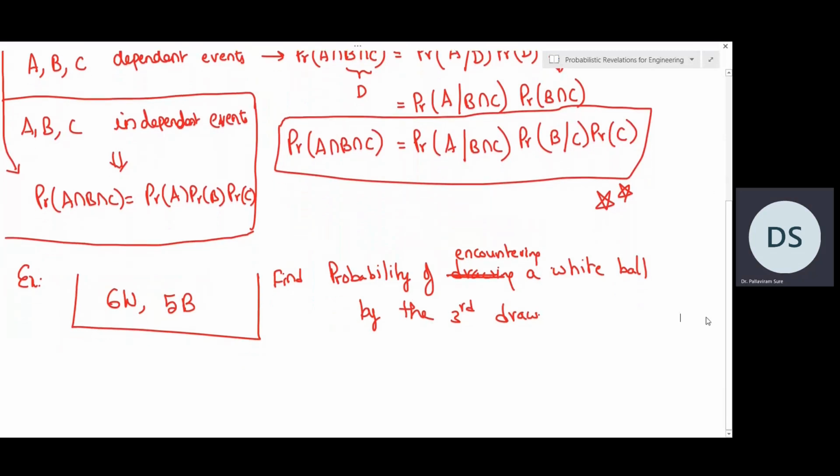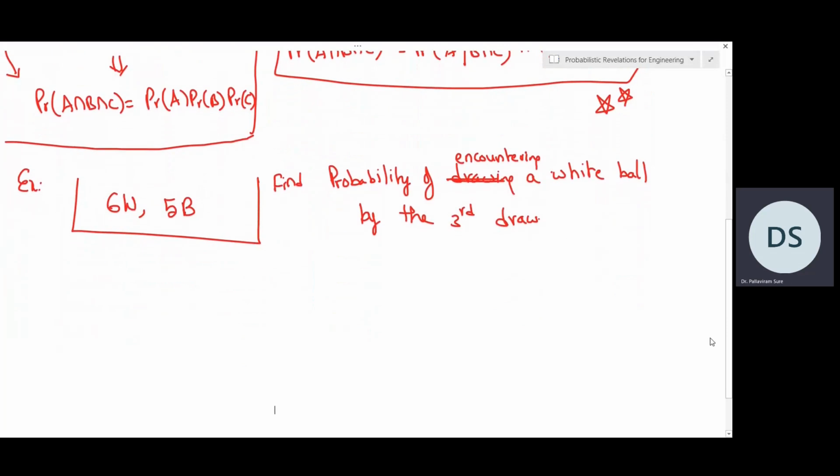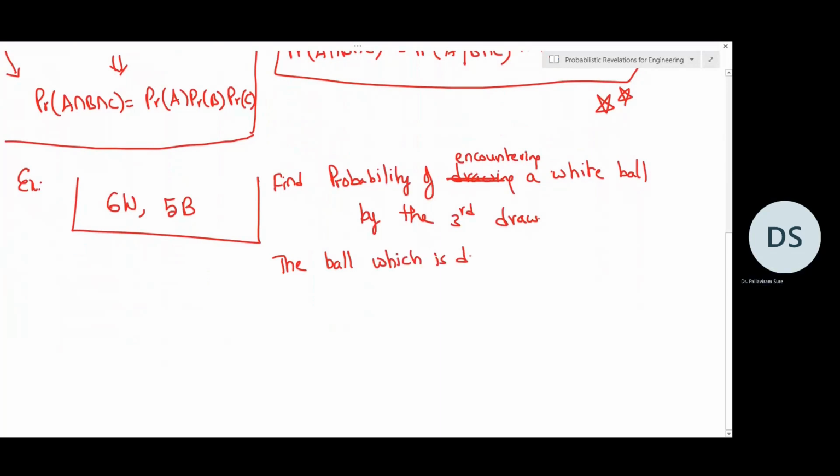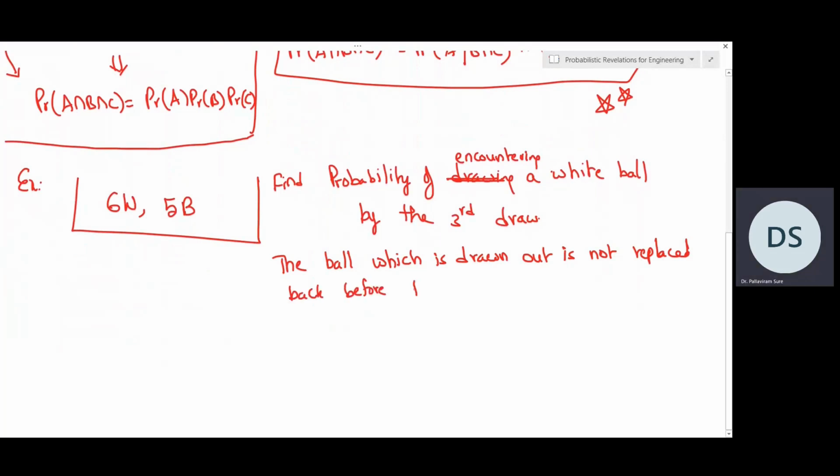However, let us have an assumption here that the ball which is drawn out is not replaced back before the next draw.